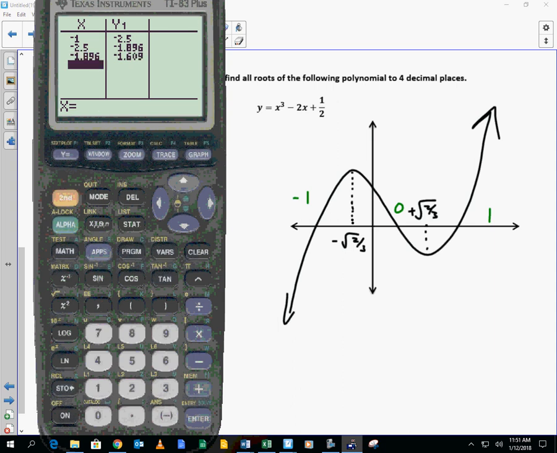Is that getting better? -1.609. -1.531. -1.526. Looks like -1.526 is probably a really good approximation for this value, isn't it?